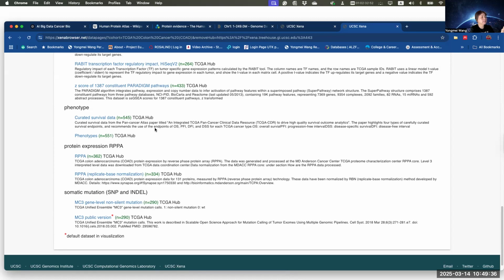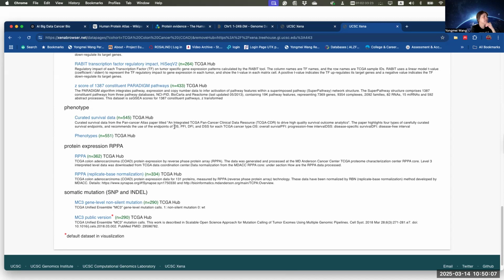It tracks patient information, like the patient's age, whether female or male, what race, how long they lived, and what kind of treatment they had. So it is curated survival data. They already processed the raw medical records and made it much easier for non-medical people like us to look at the data, understand it and use it.